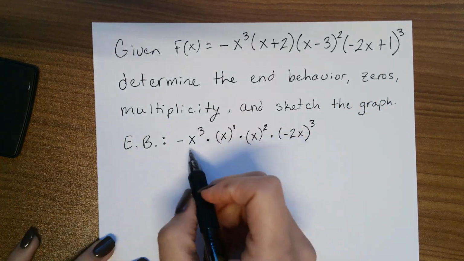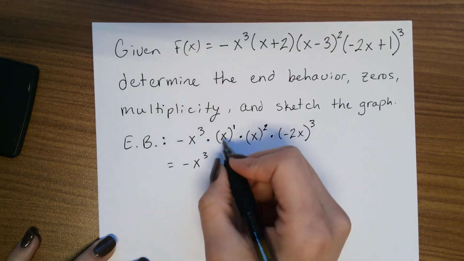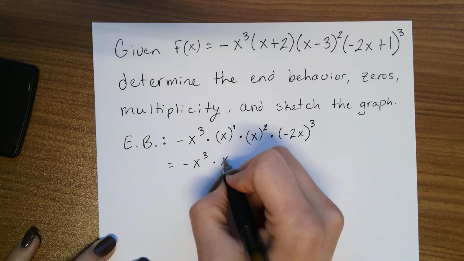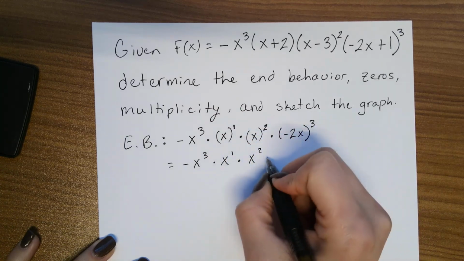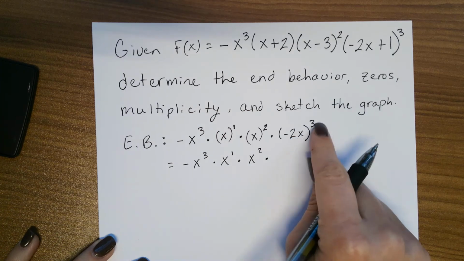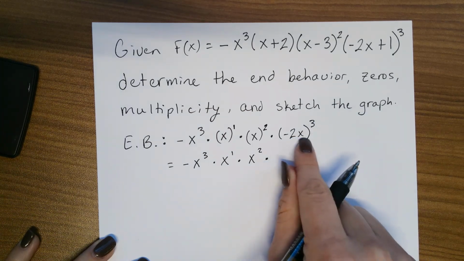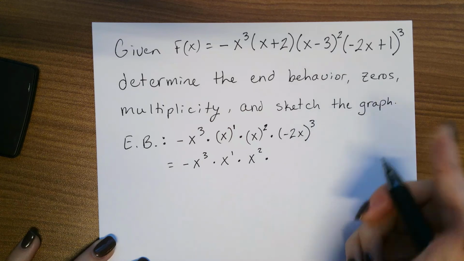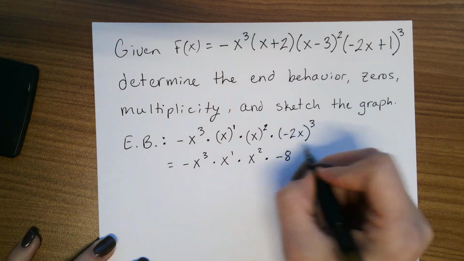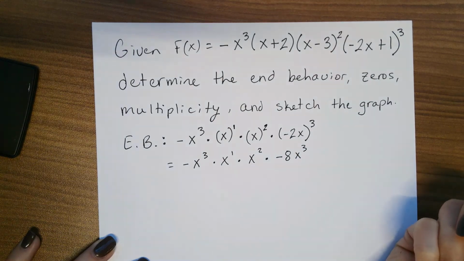So I'll go through and simplify each piece. Negative x to the third just comes down. X to the first power is x to the first power. X squared is x squared. And negative 2x to the third, so the third power goes to both negative 2 and x. So negative 2 cubed is negative 2 times negative 2 times negative 2, so I get negative 8. And x to the third is x to the third.